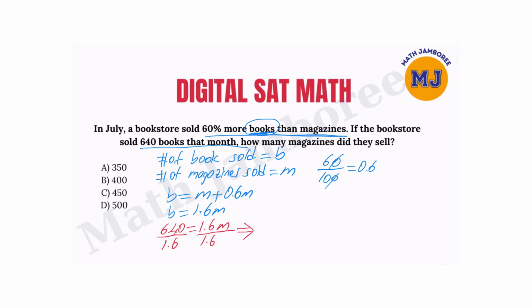In the digital SAT, you are allowed to use your calculator, or the software they have in there, to calculate this. M will be equal to 400 magazines. So the correct answer for this specific question is choice B.